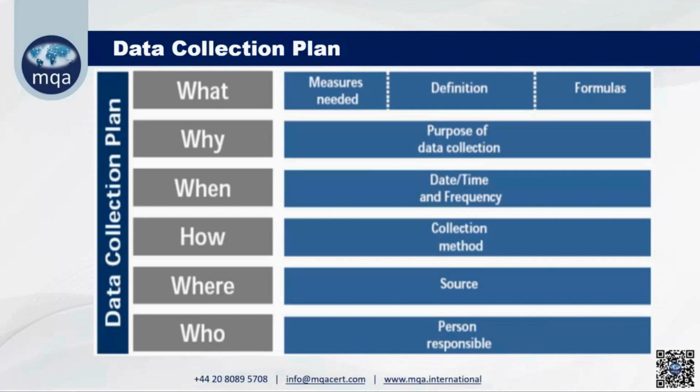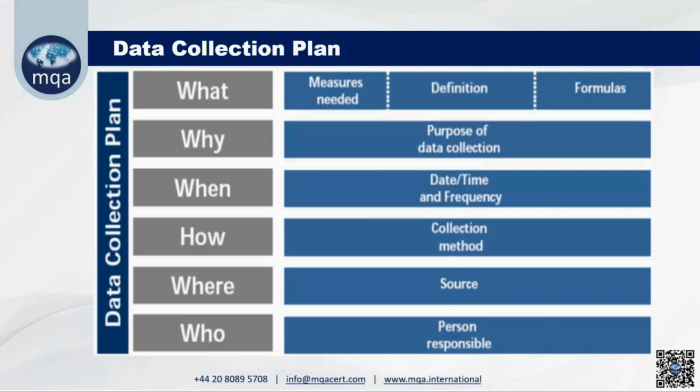Then third is when. The data cannot be collected anytime. We need to understand the date, time and frequency. While doing SPC, we collect 5 samples every 2 shifts, or every 2 batches, and we collect in all the shifts. So we have to understand when and at what frequency we have to collect.